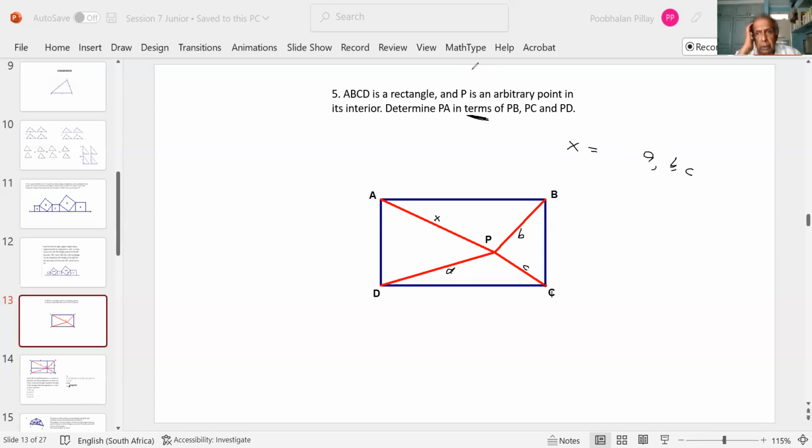And the way to do this is to create, through P, a vertical line and a horizontal line. Okay, so through P, you draw a vertical line and a horizontal line.